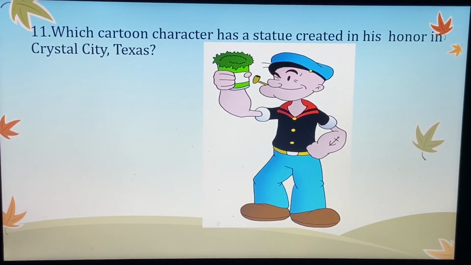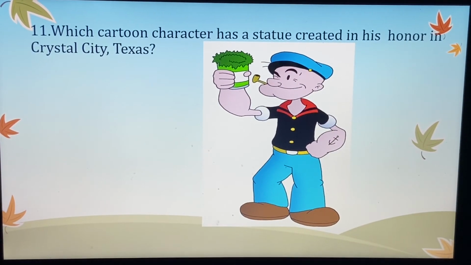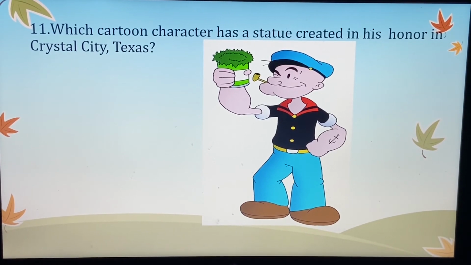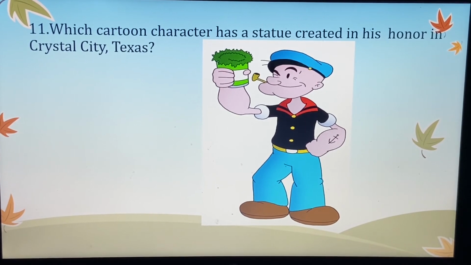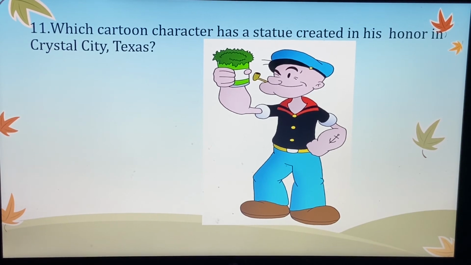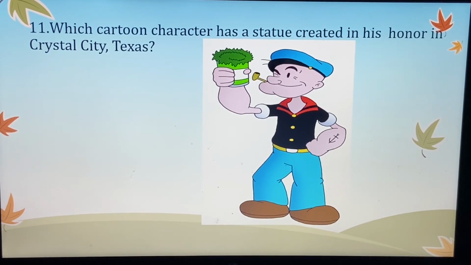Here's another beautiful story, or you can say a cartoon character also. Which cartoon character has a statue created in his honor in Crystal City, Texas? Honor means उनके रिस्पेक्ट में उनका स्टैचू बनाया गया है क्रिस्टल सिटी, टेक्सास में. So let's find out the name.